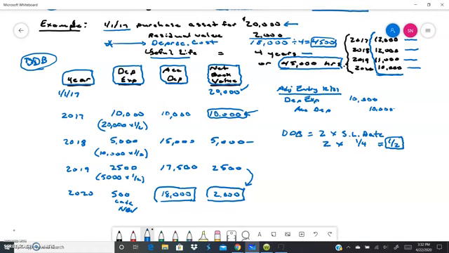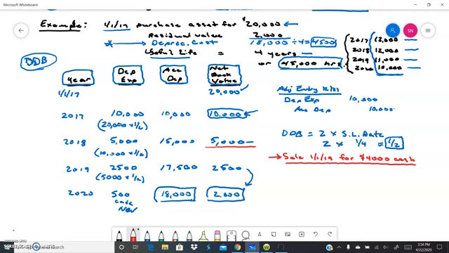So let's take a look at what would happen if we were to sell the asset. We're going to make this simple and assume we're selling the asset right after we make this entry in 2018.